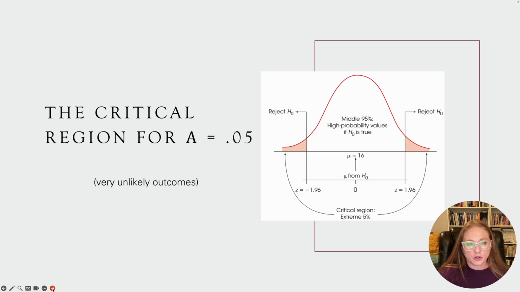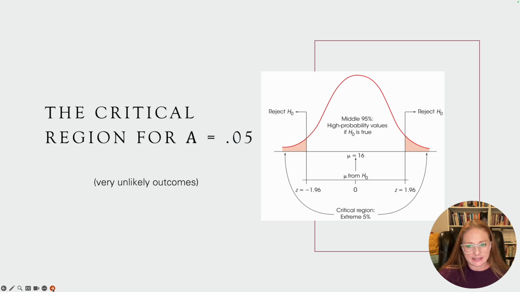So again, if your alpha level is 0.05, the critical region is your very unlikely outcomes. Most research studies are a two-tailed test. And I'll go into what it sounds like linguistically when we run a two-tailed test, because it sounds very different than running a one-tailed test.